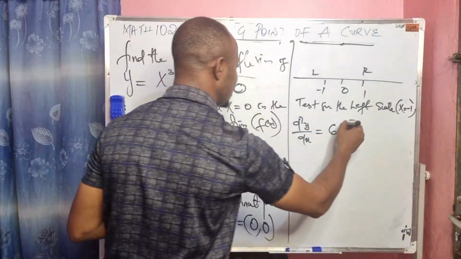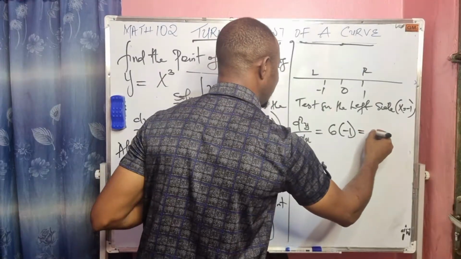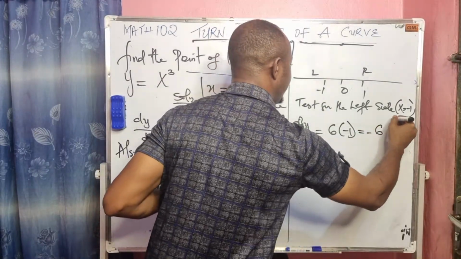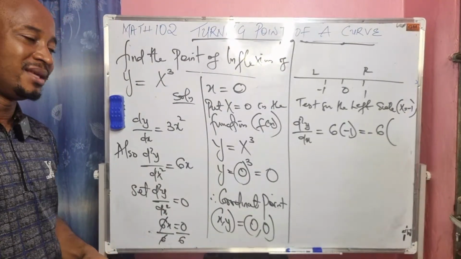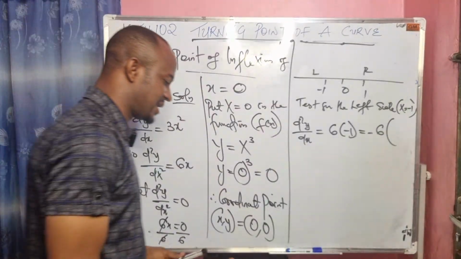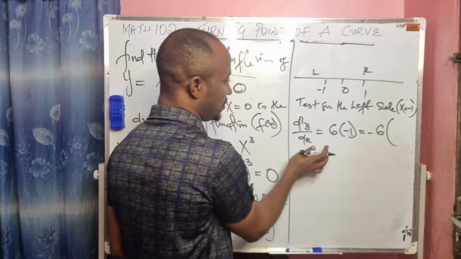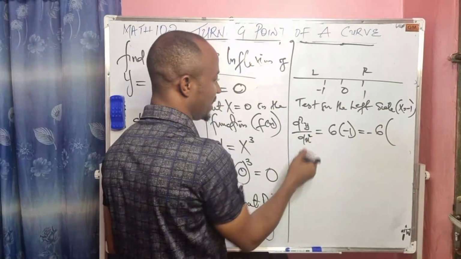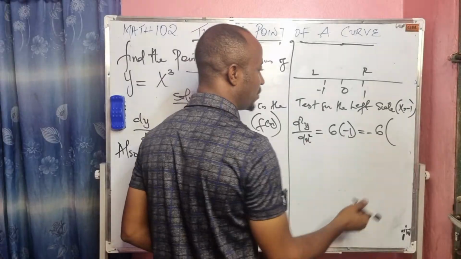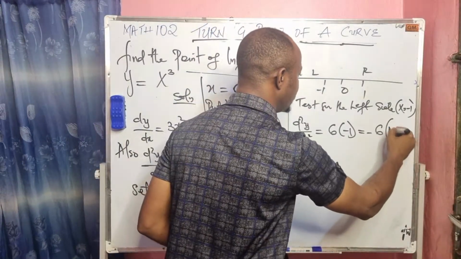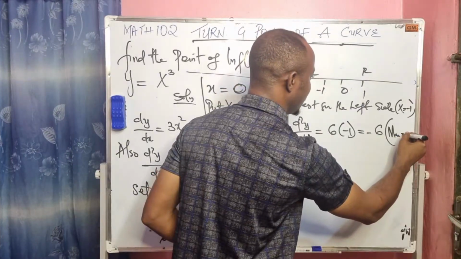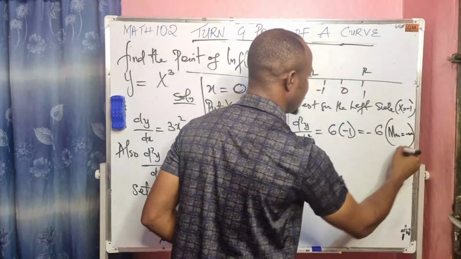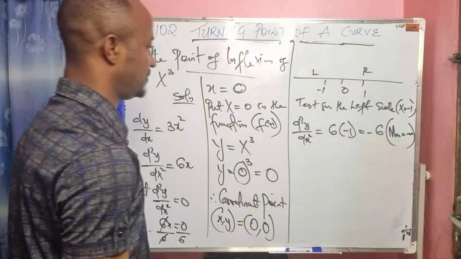That will give us 6 times -1, and the result is -6. Is -6 less than 0 or greater than 0? It is less than 0. And when d2y over dx squared is less than 0, it means that we have a maximum point. Maximum is negative. Don't forget.